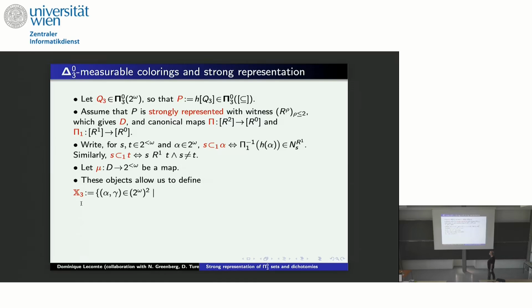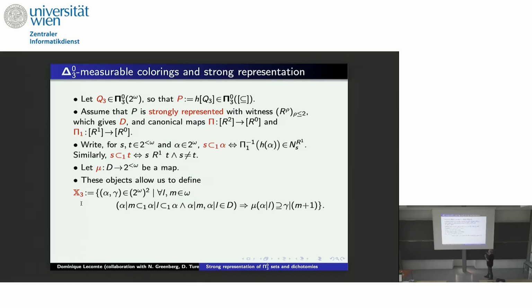The elements of X3 are elements of the Cantor space such that for any L and M, if the corresponding initial segments of alpha are one predecessors of alpha, and in this order, so M is smaller than L, and if these two initial segments are in D, then the longest one, alpha restricted to L, codes with the help of this map mu the initial segment of the second coordinate alpha given by the smallest one, M. So it's not M, it's M plus 1, and this plus 1 is important. The important coordinate here on the gamma side is the last one, it's gamma of M.